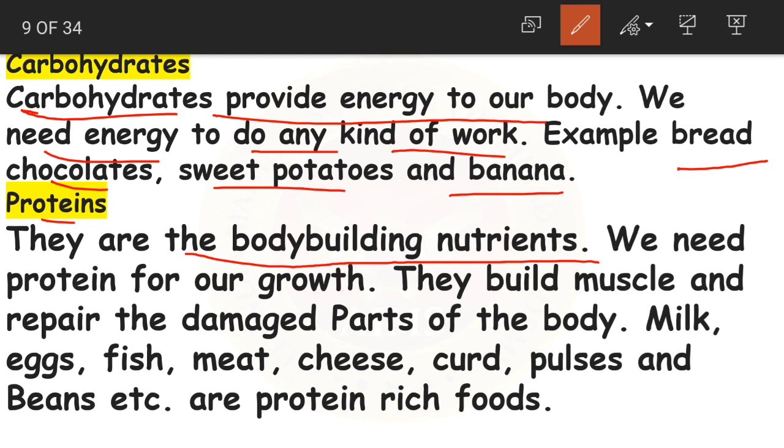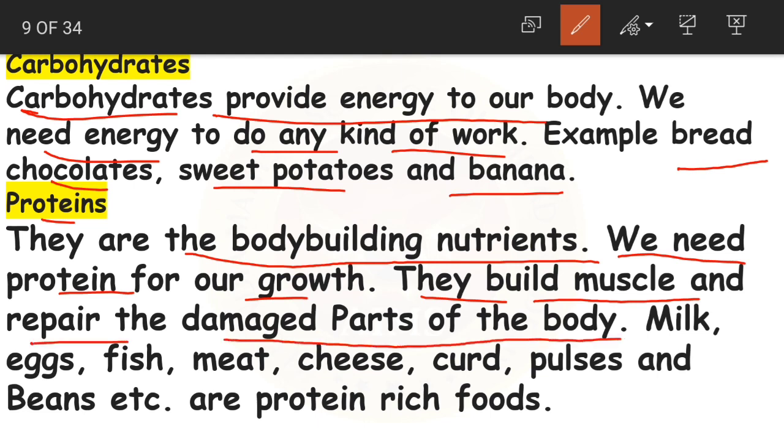So to have good body building, you need proteins. We need proteins for our growth. They build muscles and repair the damaged parts of the body.